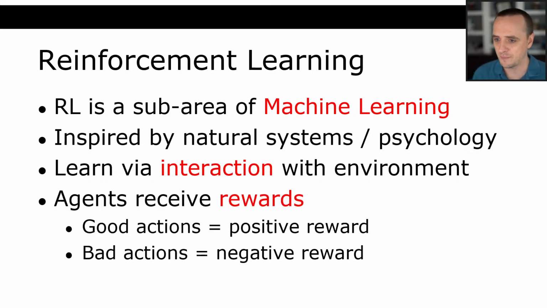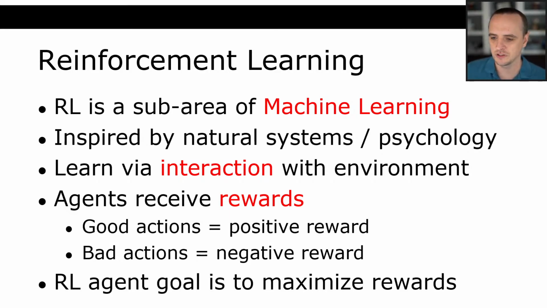And so what happens is your agent that you've designed is going to do some actions in the environment, and those actions will get some sort of reward from the environment. Good actions, and we'll talk about what good actions and bad actions mean in a little while, are going to give you a positive reward, and bad actions are going to give you a negative reward.